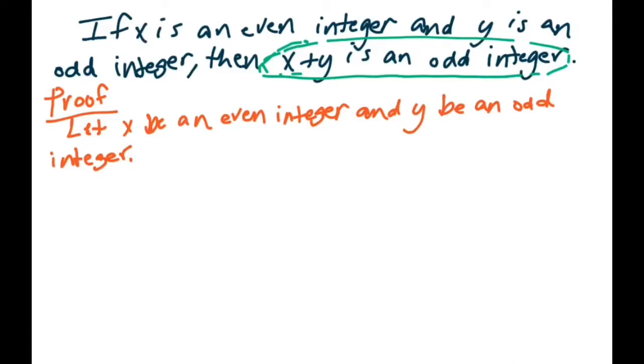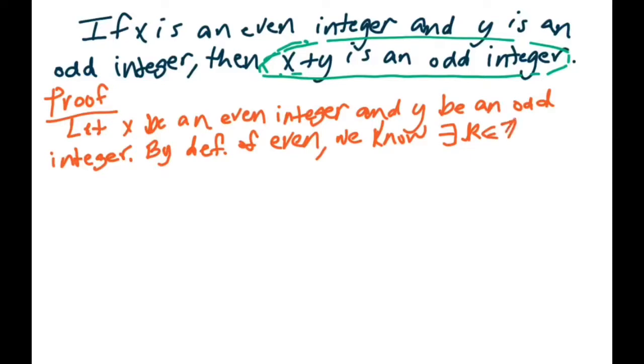So if x is an even integer and y is an odd integer, and we know that x is even, then I'm going to say by definition of even, we know there exists a k that's an element of the integers such that x is equal to 2 times k, and that means that it's even. You can see how we wrote, by definition of even, we know this.